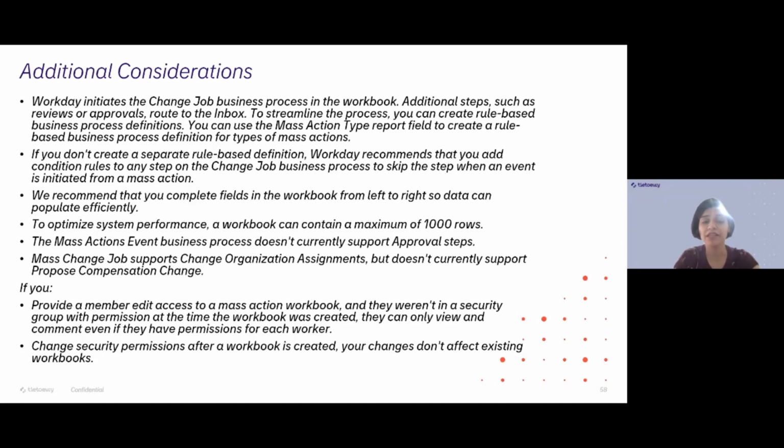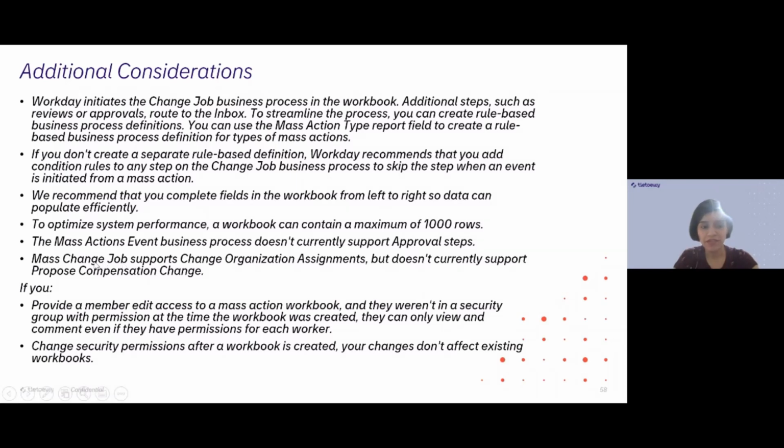Then Workday recommends that all the fields are completed in the worksheet so that data can be populated efficiently. Do not go beyond 1,000 rows of data in the worksheet for optimal performance. Mass action event business process does not currently support approval steps. So any approvals will not be triggered inside the mass action event.